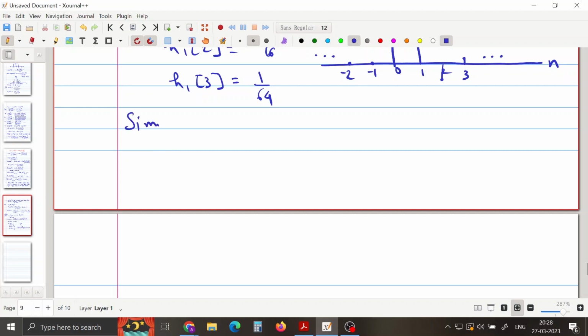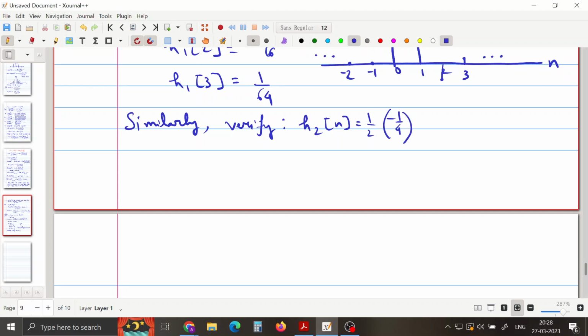Similarly, verify that h2 of n is half a power n u of n. The process is the same.